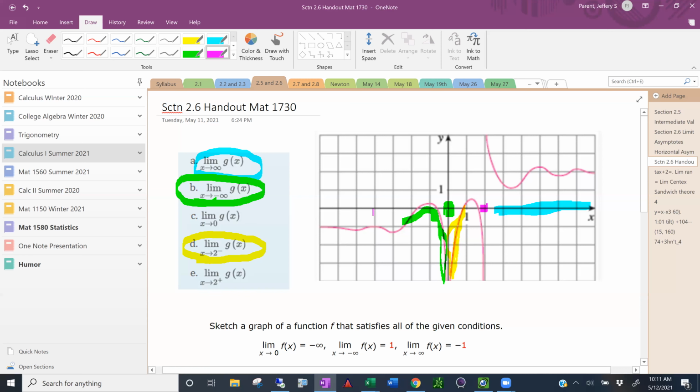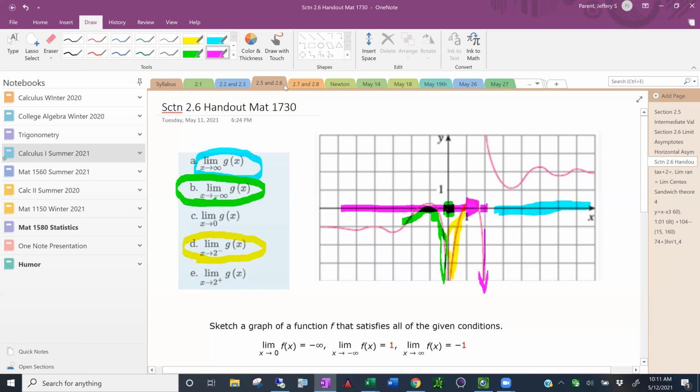From the left would mean the negative side of things, so it's going this way, towards that, when you're approaching from the left. So I'm going with negative infinity because the graph is going down here, but I appreciate your participation. So the limit as x approaches 2 from the left of g of x is negative infinity.